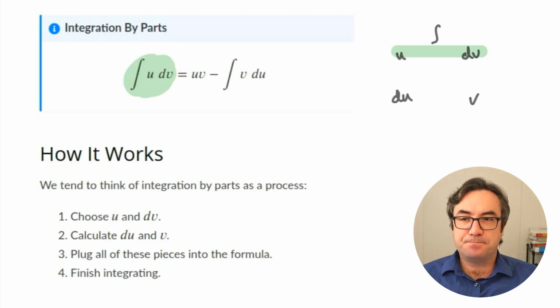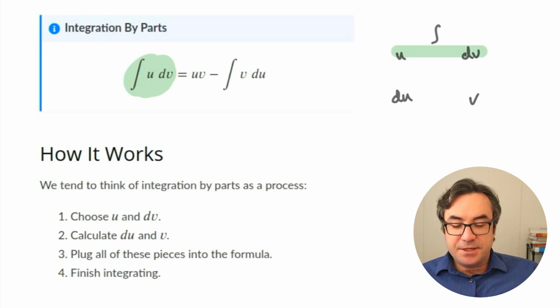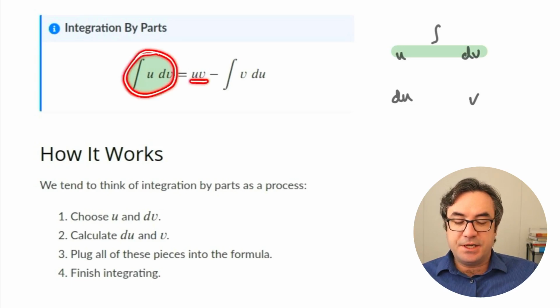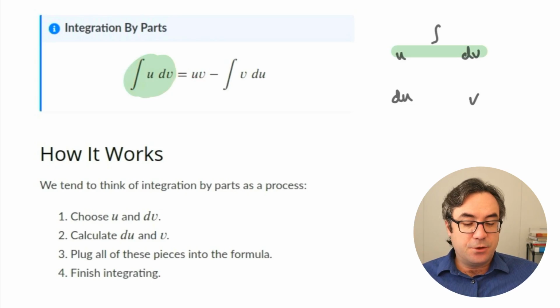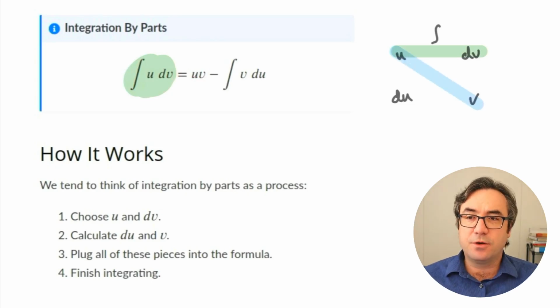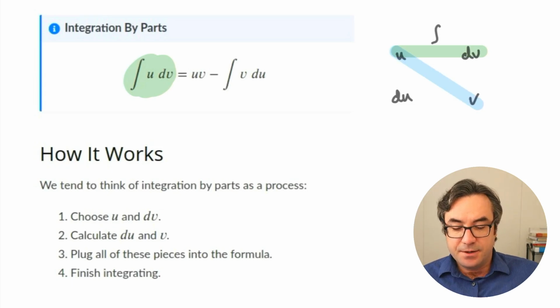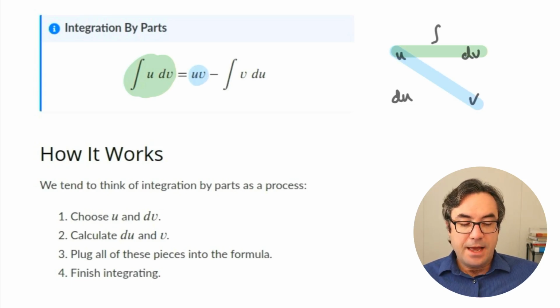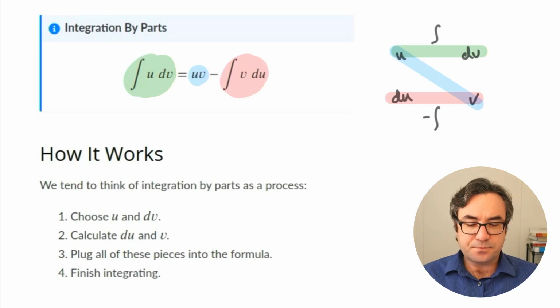Then the way this formula works is this complicated integral is equal to u times v. So we can think of that as just multiplying down the main diagonal here of our little grid, so u times v. And then v times du, we're going to integrate that and actually subtract off that integral.